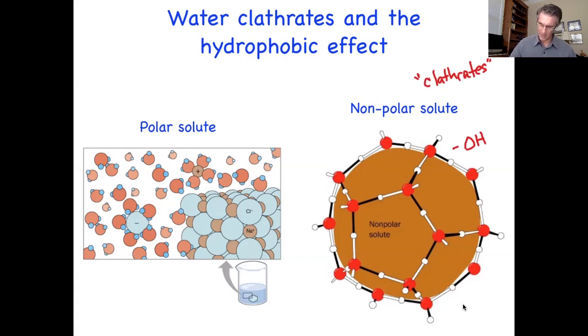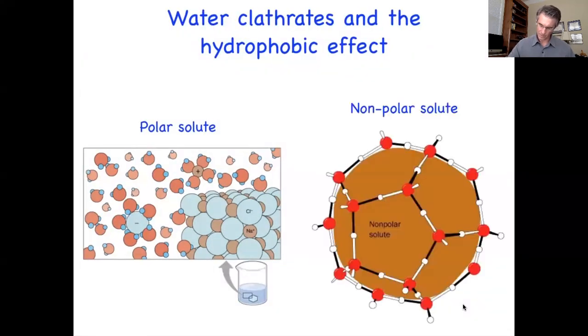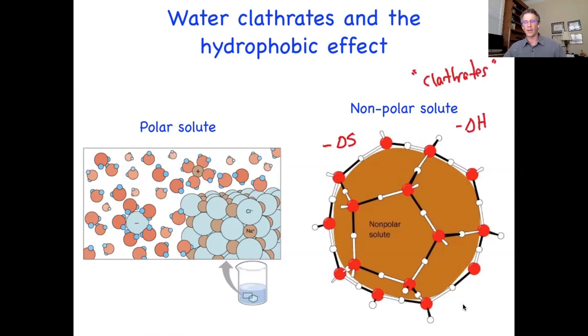Making the structure like this may have a favorable delta H, but it also has an unfavorable entropy term, right? So tying those water molecules down in these high residence time clathrates or cages has an entropic penalty for the water molecules compared to their state in bulk water, right?